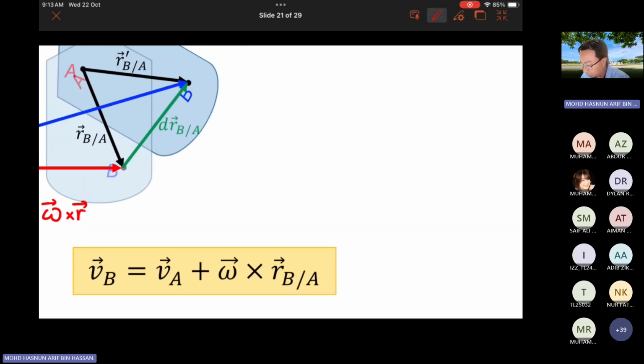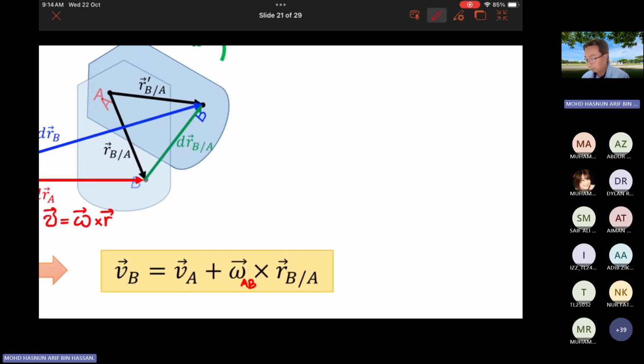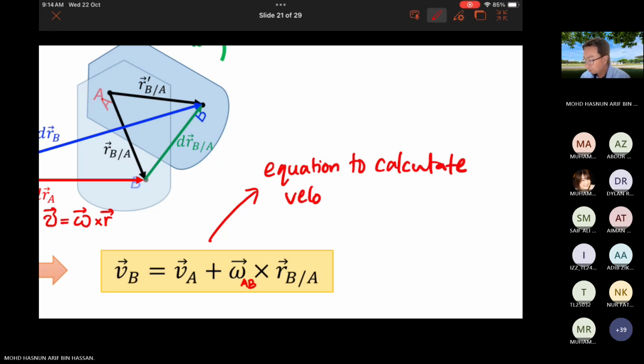Omega here is basically omega AB for this object. So this is the equation to calculate velocity in general plane motion. GPM is general plane motion.